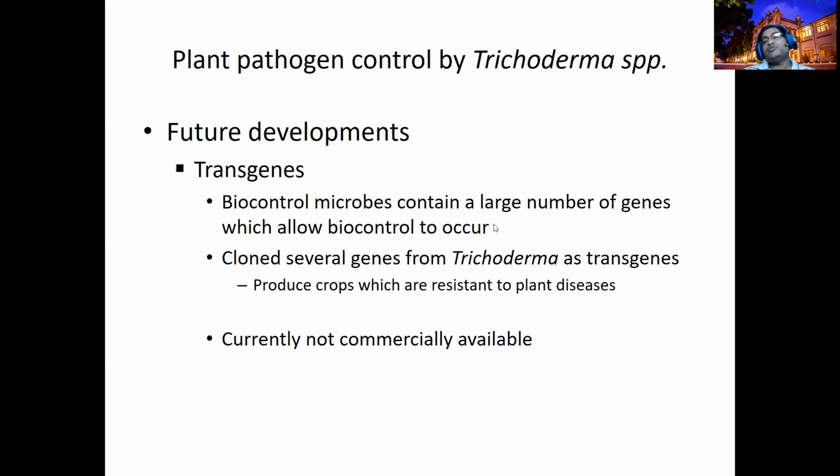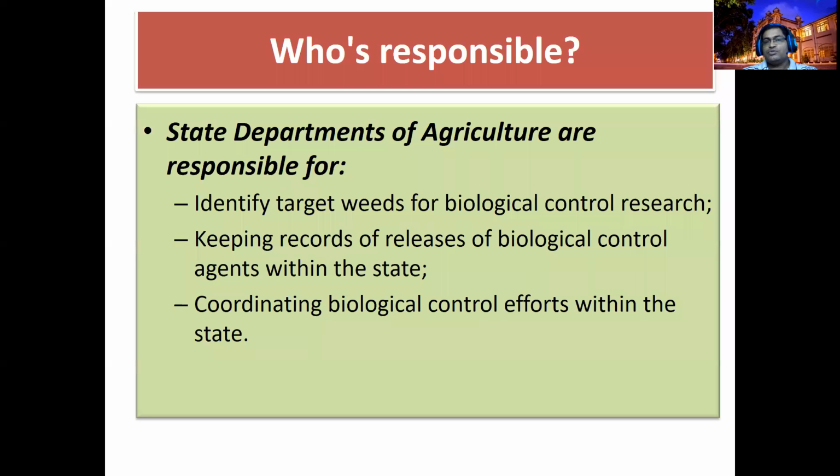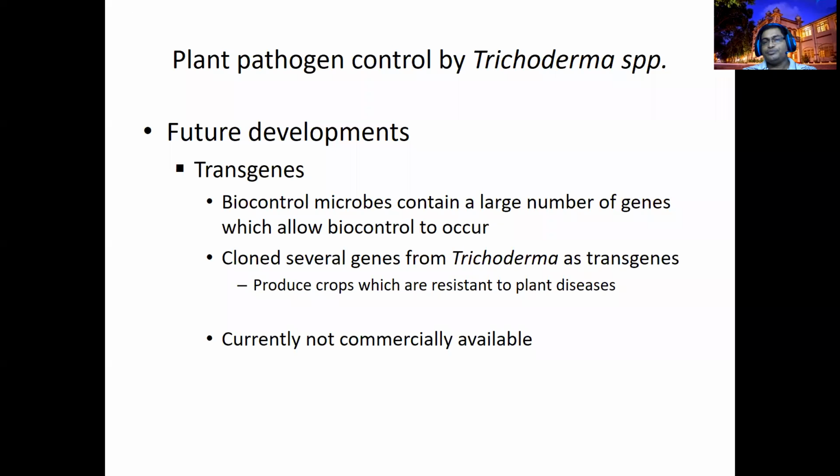Future gene modifications, or silencing of unwanted deleterious genes from this. In this way, future development should happen. Right, this is the end of pathogen control by using microorganisms, plant pathogens.